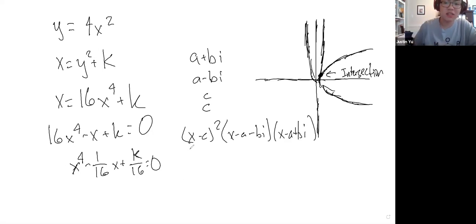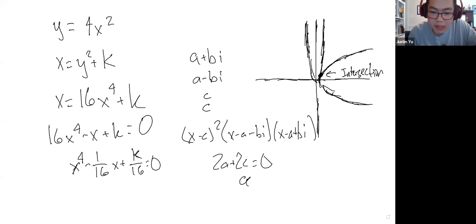All right, 0, great. It turns out that the coefficient of x cubed is also -1 times the sum of these roots. So if we add them all up, we get 2a plus 2c is equal to 0. That means a is equal to -c, and we can get rid of this variable right now.